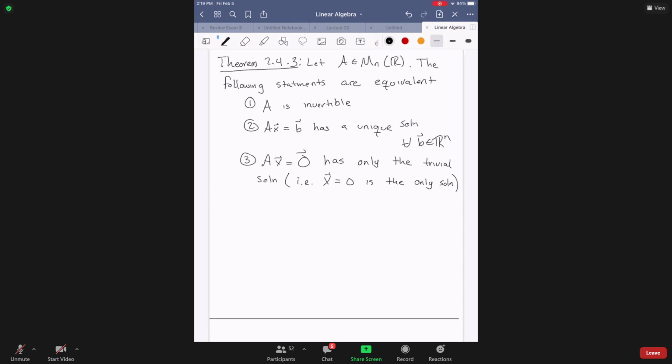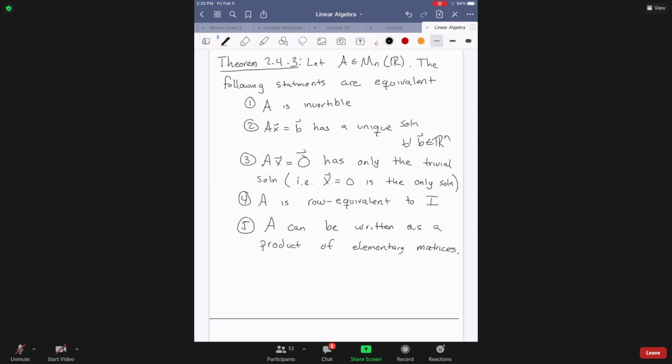Okay. 4, A is row equivalent to I, and then 5, A can be written as a product of elementary matrices.